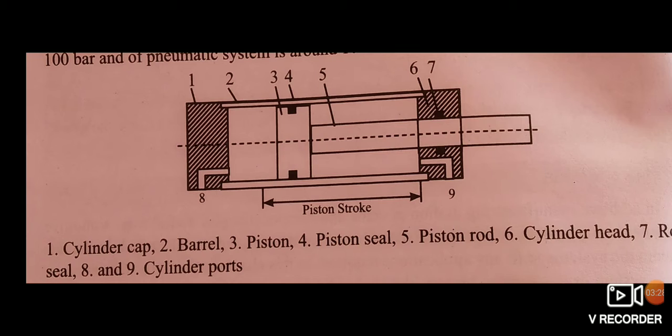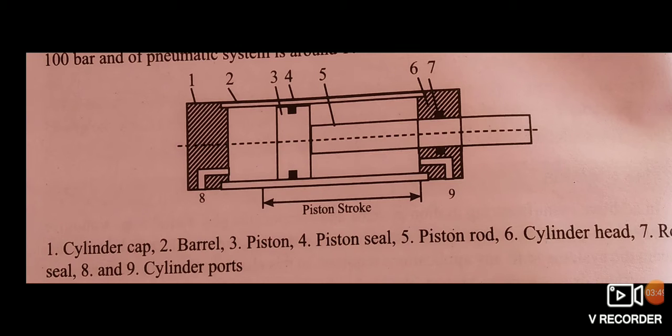The piston rod is extruded through the cylinder head. The piston carries a convenient sealing assembly to ensure the required internal tightness, while the cylinder head is equipped with convenient seals to resist external leakage.